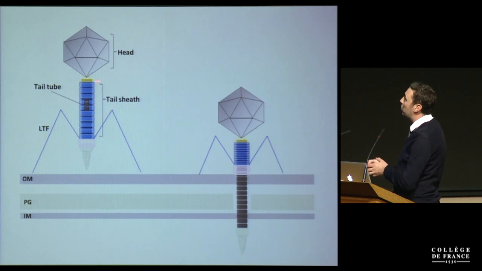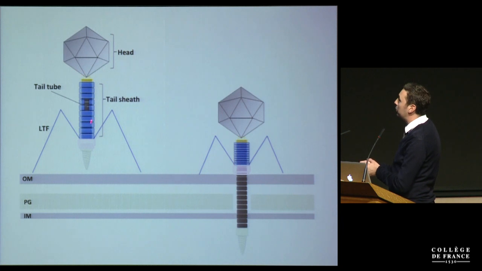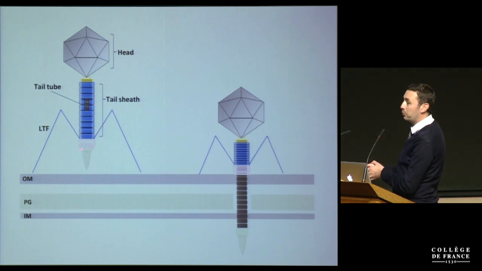These phages are composed of a head that contains the DNA, and then a tail structure, and the tail is composed of the inner tube, here in black. The inner tube is tipped by what we call the puncturing device, or the spike. It is assembled on the baseplate here, and around the tube there is this sheath structure.